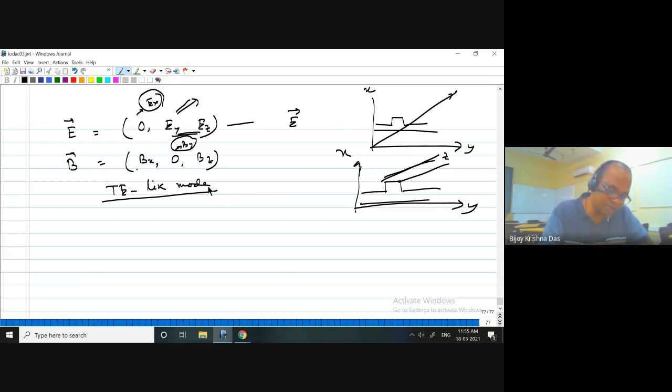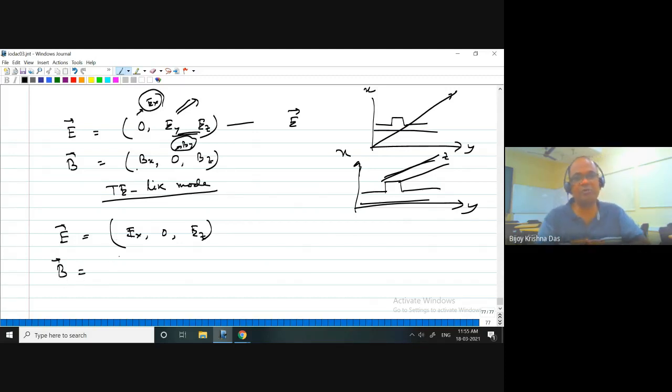If you get a solution that is the opposite, where Ex is dominating, with Ez small, then the electric field is in the vertical plane and the magnetic field is in the horizontal plane. Earlier, for TE and TM modes, you were talking only about whether the electric field is in the X direction or Y direction.